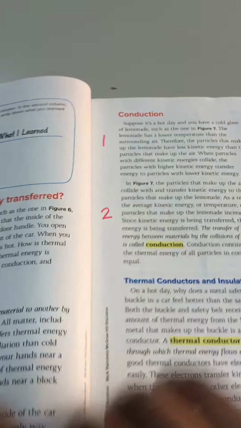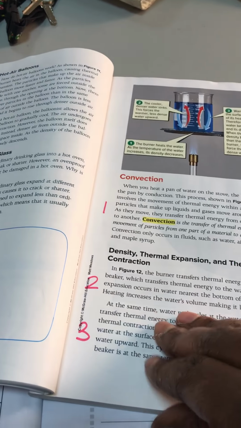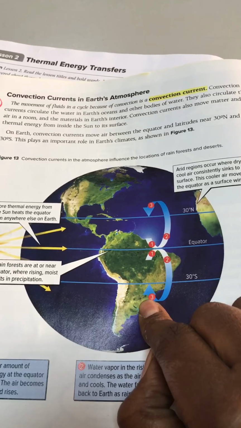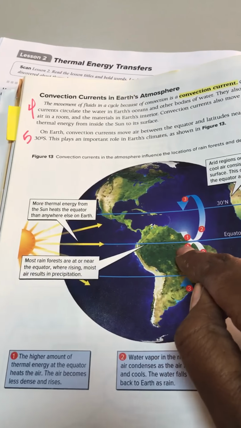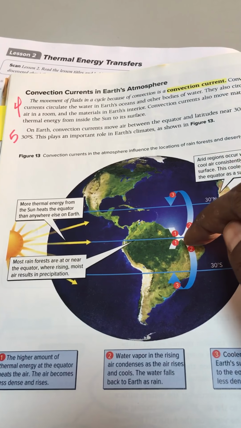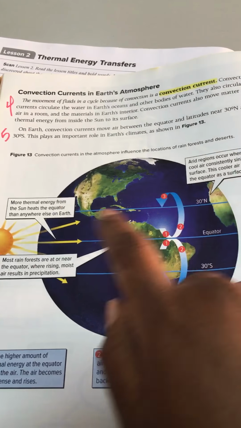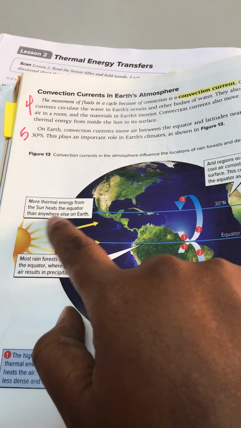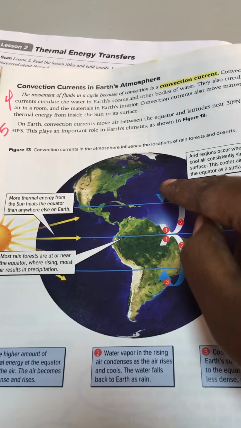So let me show you what this looks like in the textbook and how it actually controls the temperature of the earth. You have direct rays of sunlight, you have hot air. The hot air is going to rise, but then when it reaches up here where it's cooler, it'll sink, and you just have these convection currents.